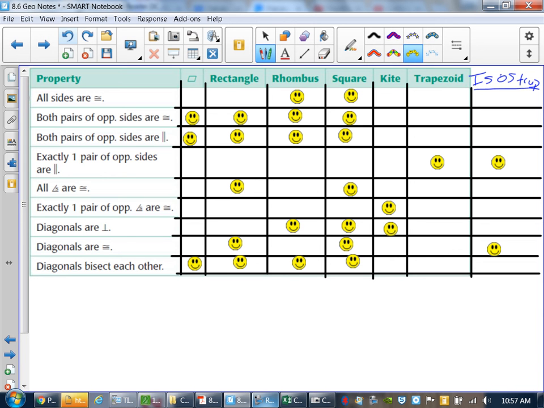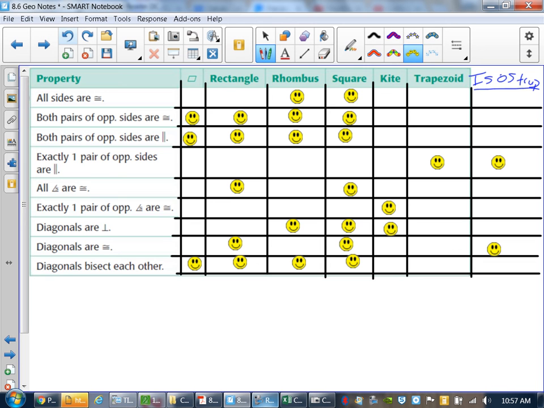So let me give you guys some stuff. What I have for you this evening into the weekend is something a little bit different. I want you guys to create the family tree.